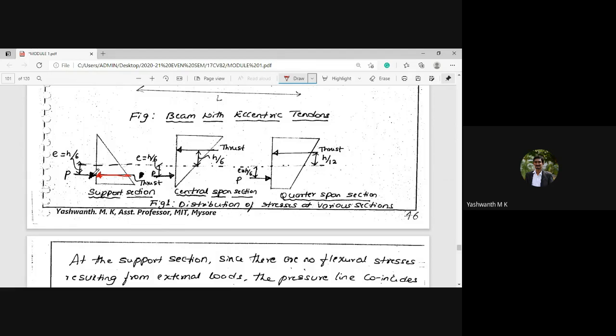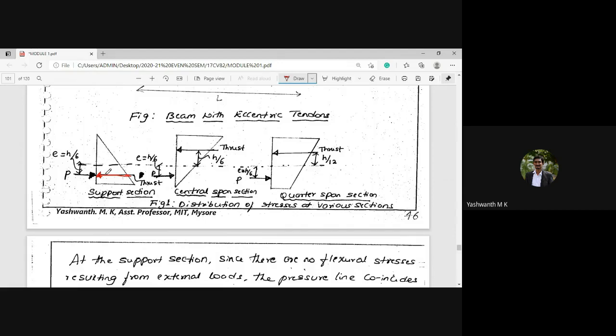At the support section, the pre-stressing force which is passing through the central axis of the steel and the pressure line will coincide. Why? Because at the support section, no flexural stresses will be developed, and this P and this thrust line both will coincide, and the distance will be the eccentricity, h by 6. So this is regarding the pressure line location at your support section.